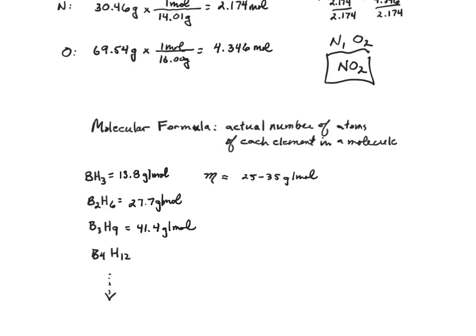But you can see we've already gone past that upper limit there. So the only one of these three formulas that actually fits into the criteria for the molar mass is this guy here. Okay, so we can find the empirical formula with the mass data. But if we're going to figure out the molecular formula, we need molar mass data. It doesn't have to be exact, it just needs to be in the ballpark.